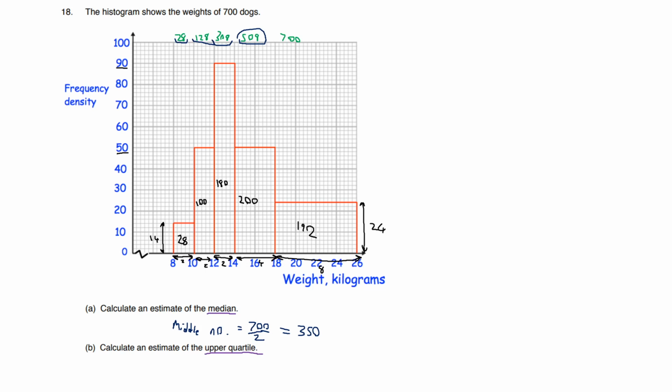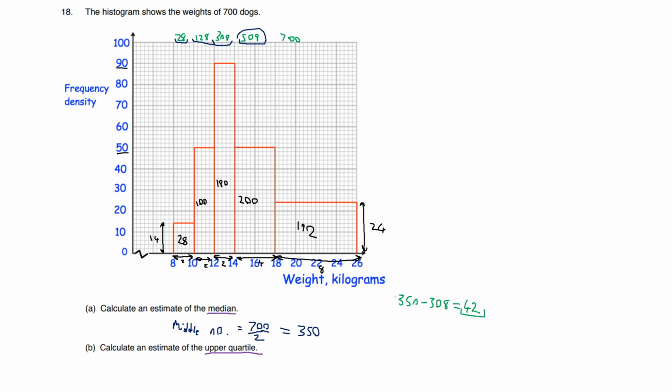Now, the way that I do it is, first things first, I need to work out the difference between 350 and 308. So 350 minus 308 is equal to 42. So now I know that the frequency of this bar at which the median is presented is going to be 42.